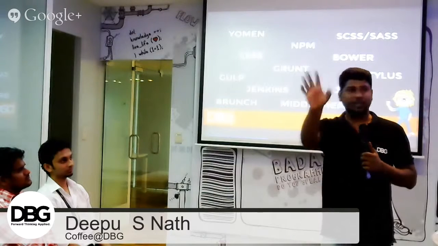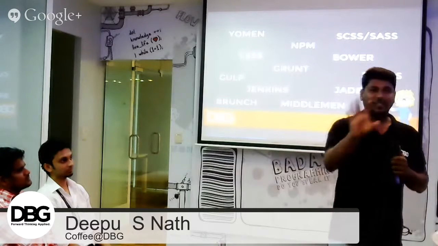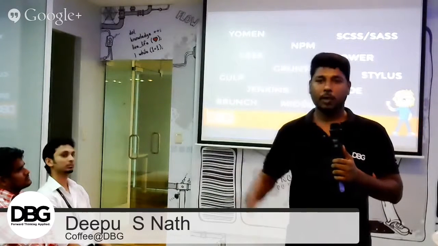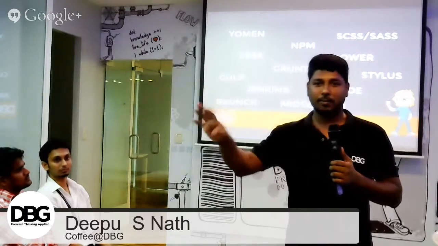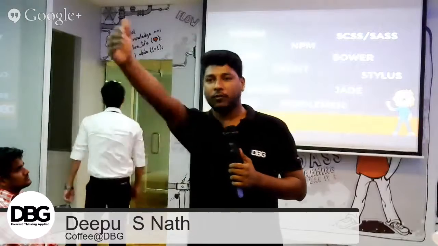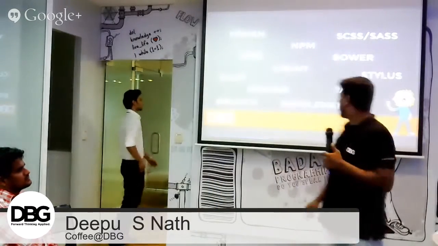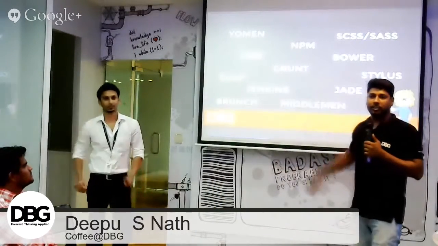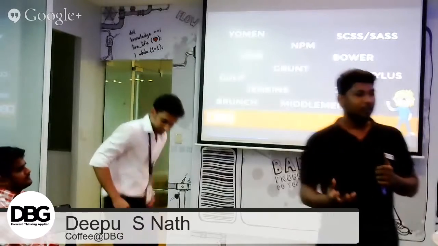Then he told us no, it is not that way. These things are not directly parsed by the browsers. Browsers still know HTML, JavaScript and CSS, but we use some build tools to generate HTML and CSS out of these templates. That is where gulp, grunt and all these things come in, which are known as build tools.